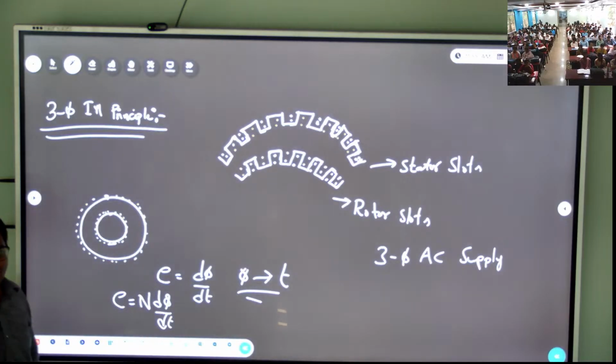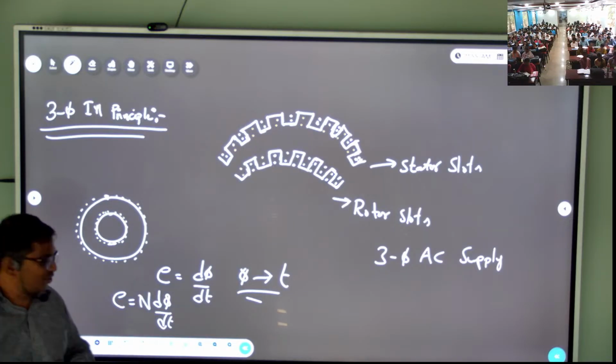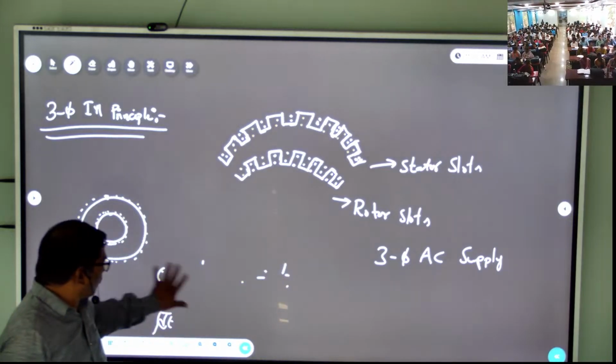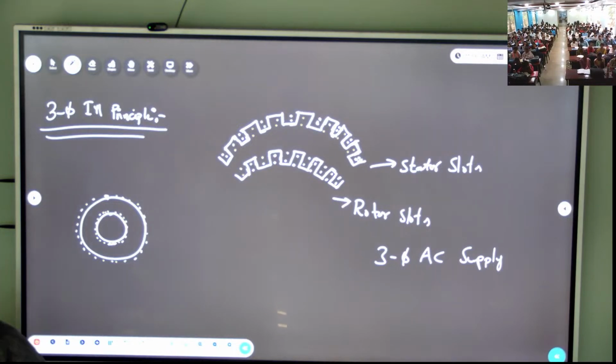The flux linking with the coil changes with respect to time, and EMF is induced in the winding or conductor. That is the concept, the induction principle. That is Faraday's laws of electromagnetic induction. As with the transformer, it holds good for the induction motor.